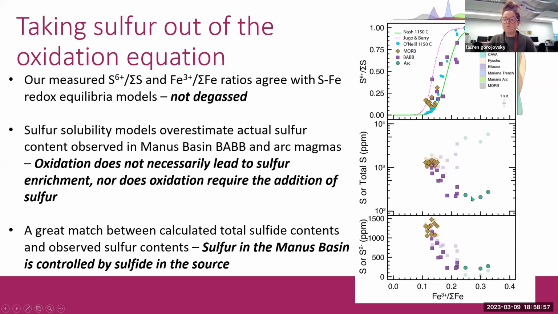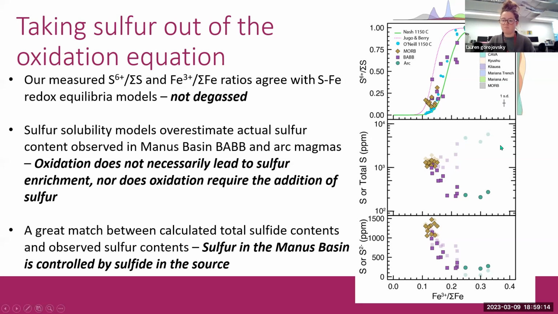In the middle graph here, I have calculated the total expected sulfur content. This is using a solubility model of the total amount of sulfur you can dissolve in a melt for a given oxidation state, using iron here.